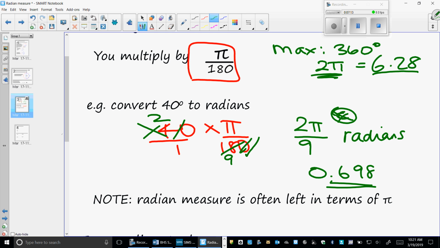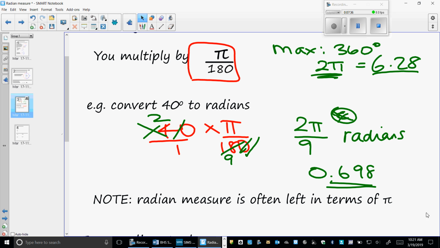If they've given you small values, then it's going to be in radians already. Does that make sense? So we know that it's not going to be more than 6.28. If somehow you get an answer of 15.7, something's gone wrong, because our maximum value is going to be 6.28. Okay, good.